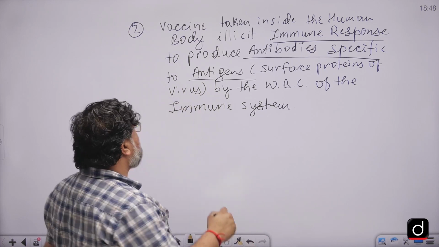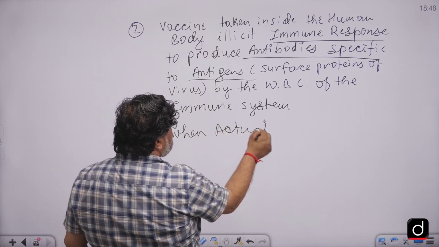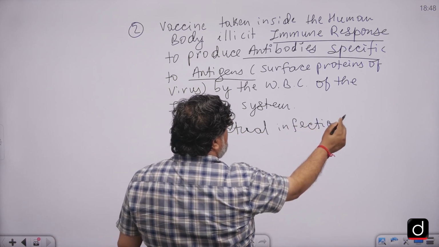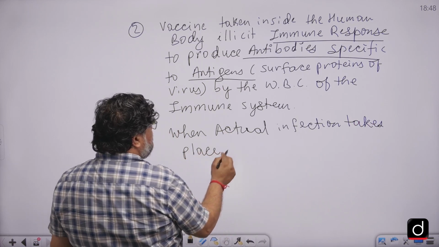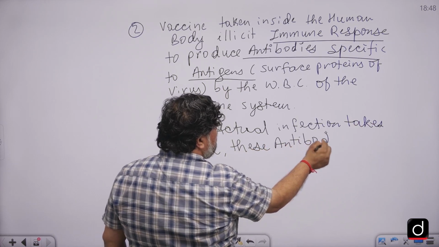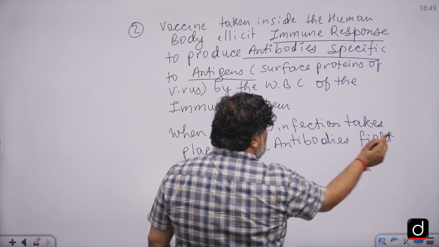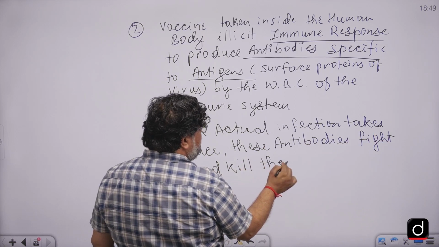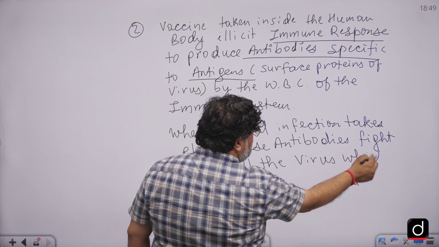Now what happens when actual infection takes place, when the virus enters the body? These antibodies, which have been produced through the vaccine, fight and kill the virus which enters the human body.